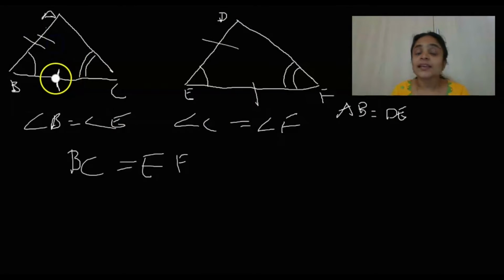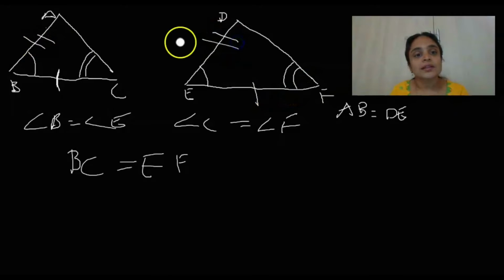And given that BC is equal to EF, and angle B is equal to angle E, two sides and one included angle are equal. So which rule is satisfied here? The SAS rule is satisfied, which means triangle ABC is congruent to triangle DEF.